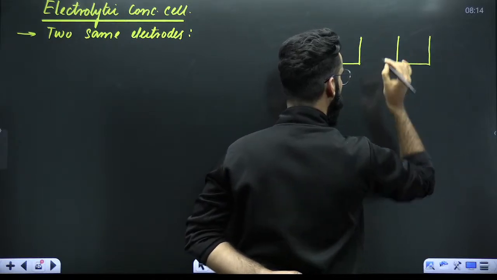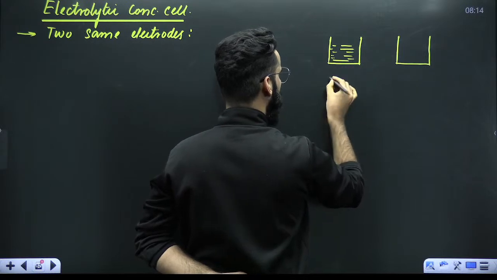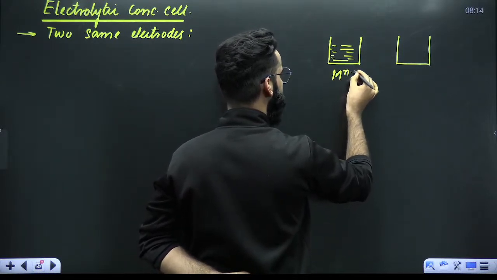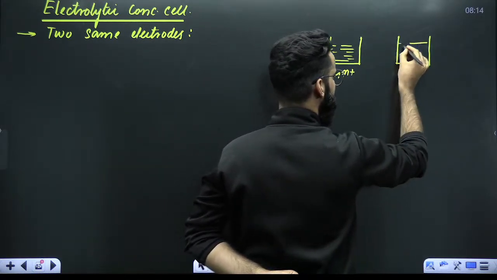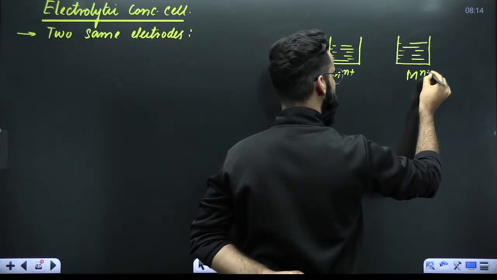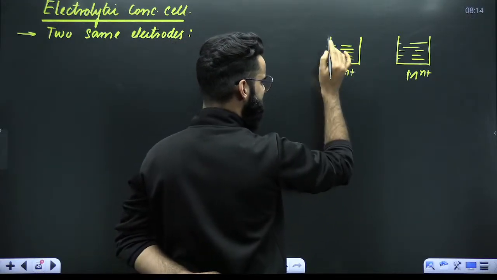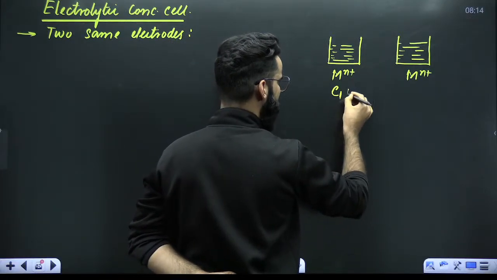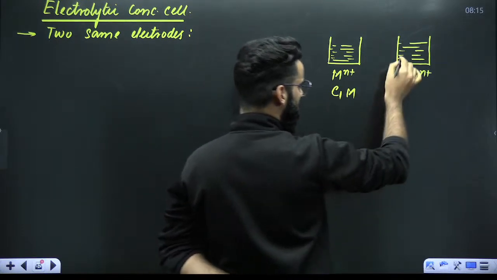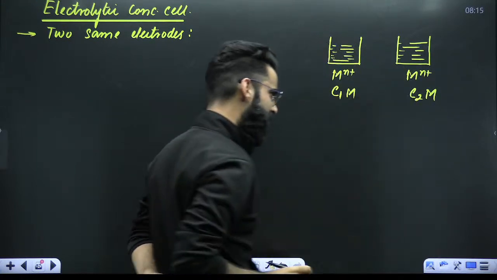This is, for example, one more container. In this particular container, let's say we have got Mn positive ions. In this particular container also, we have got Mn positive ions. Let's assume the concentration of Mn positive in the left container is C1 molar, and in the right container is, for example, C2 molar.